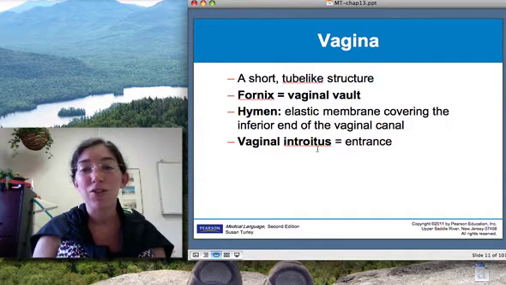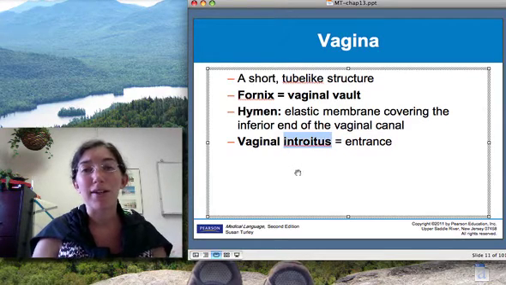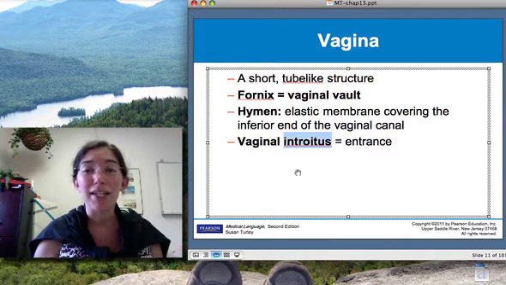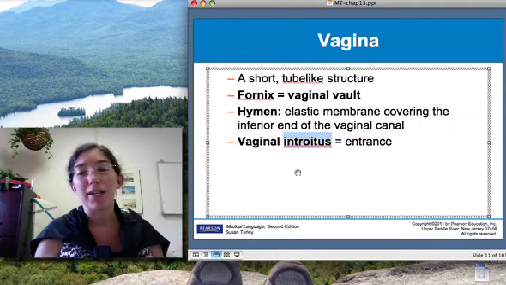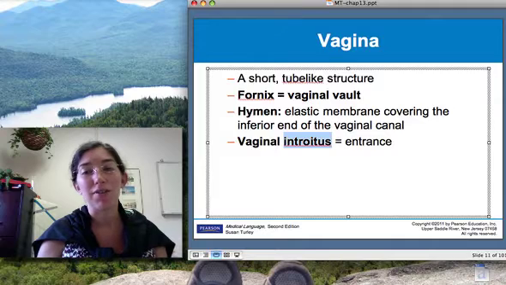And the vaginal introitus. Introitus, here's yet another term for an opening. So what did we already mention? Introitus, os, meatus, orifice. These are all terms that mean an opening of some kind. So the vaginal introitus is the entrance or the opening of the vagina.